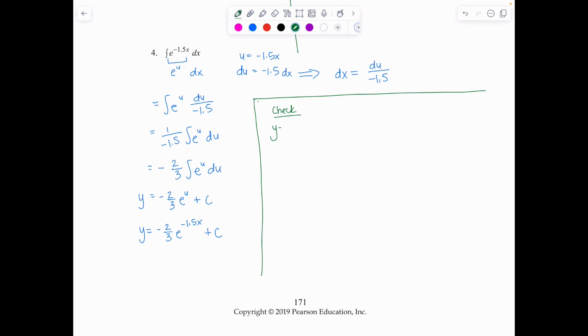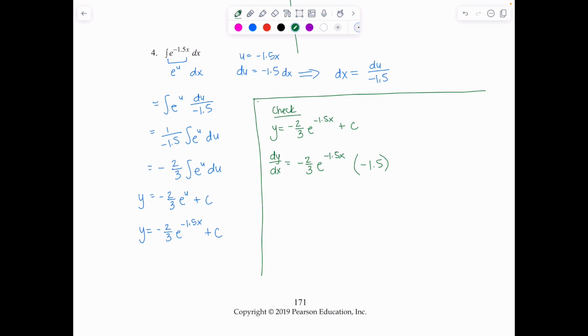So y equals negative 2/3 e to the negative 1.5x plus c. If we take the derivative, we'll have negative 2/3 e to the negative 1.5x. It's itself. Chain rule, derivative of negative 1.5x, so negative 1.5.